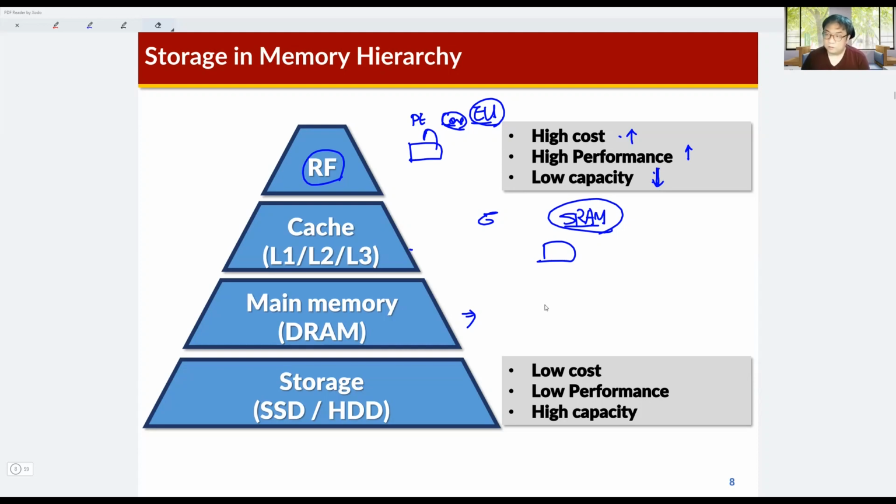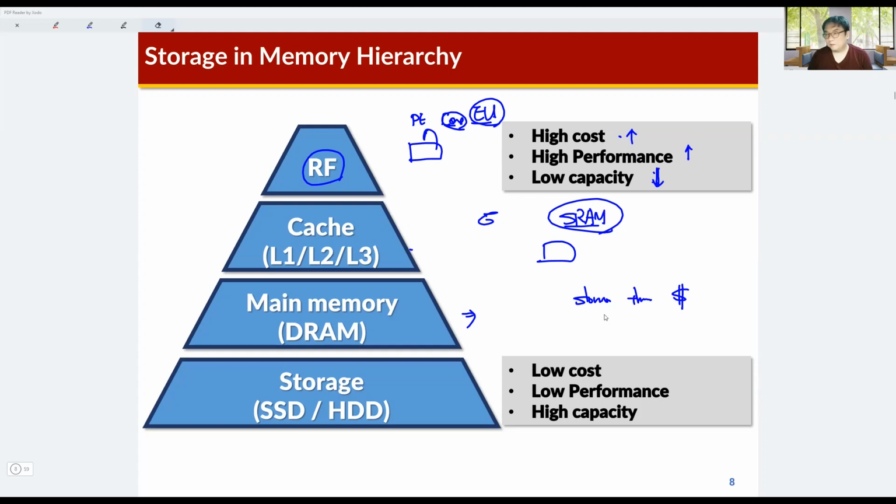And then we already know that the performance of the DRAM is lower than the performance of SRAM. That means that the latency is higher, so it's slower than cache memories.